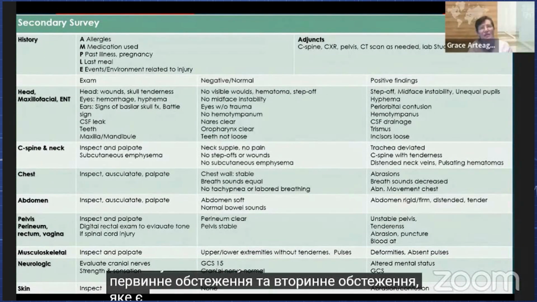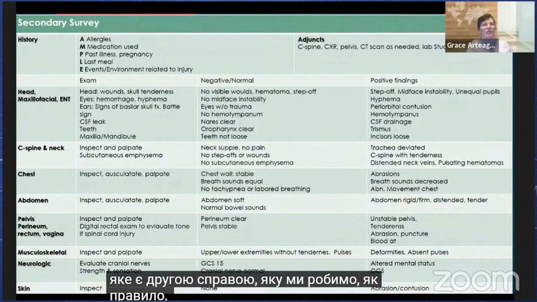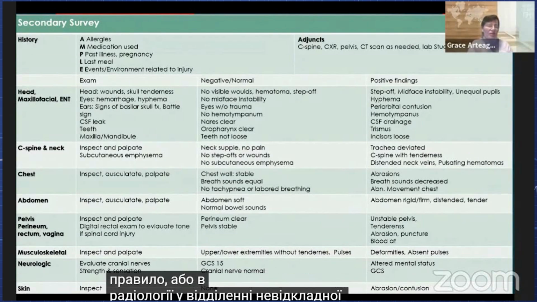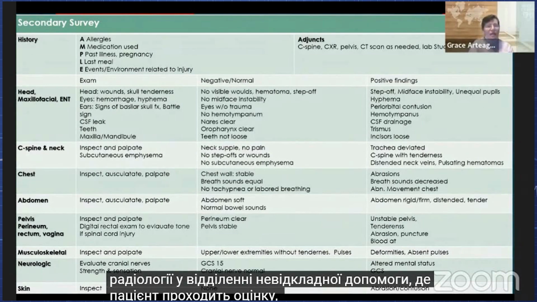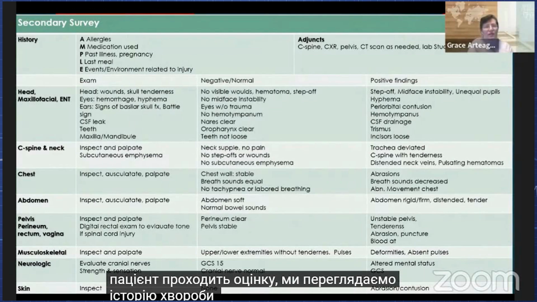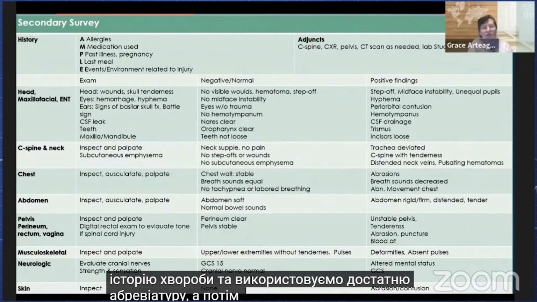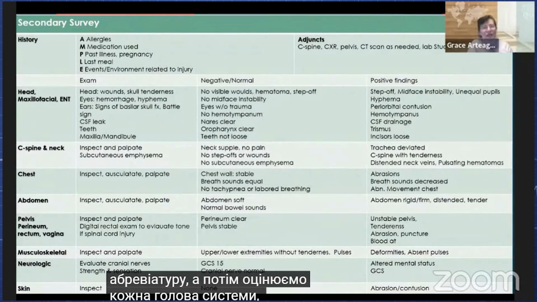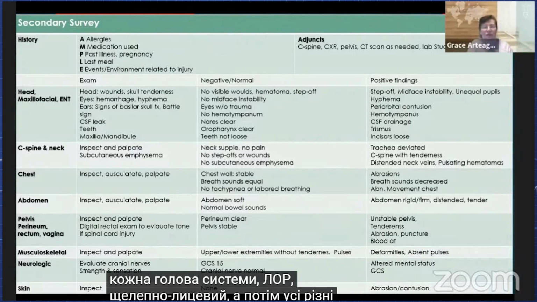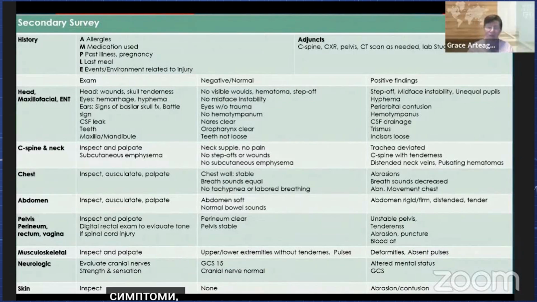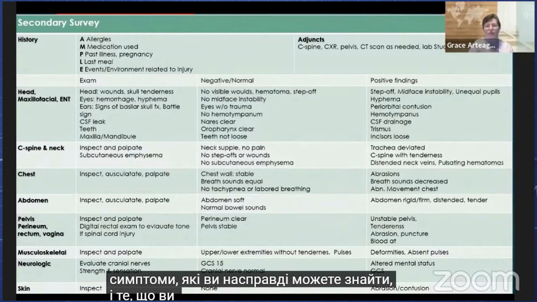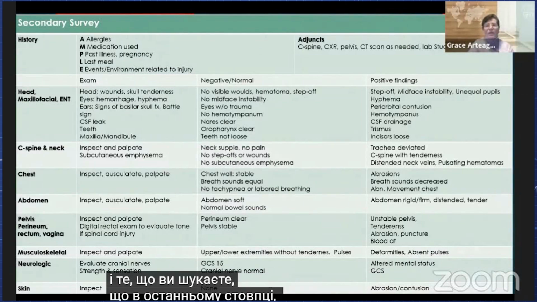The secondary survey, which is the second thing that we do, tends to be done either in radiology or in the emergency room where the patient gets assessed. We go through the medical history and we use the AMPLE acronym. And then we assess each and every system: head, ENT, maxillofacial, and all the different symptoms that you can find, and what you're looking for, which is in the last column.